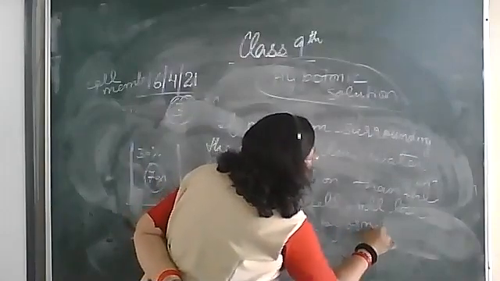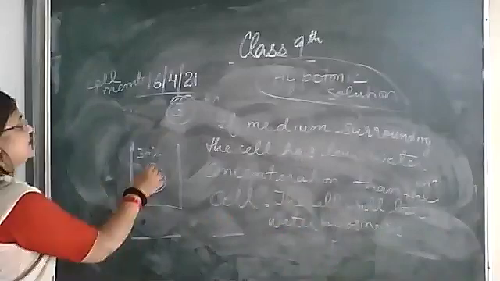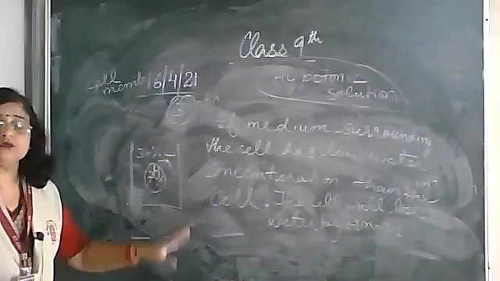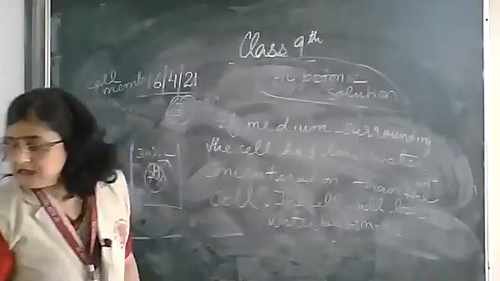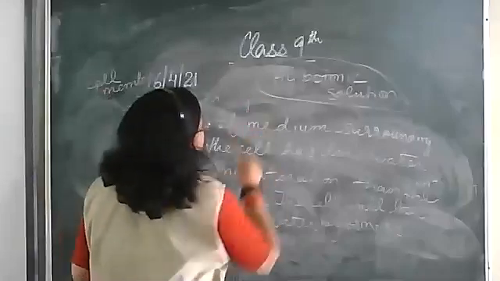Because in osmosis, what have we learned? That water molecules always travel from high concentration to low. So the cell will lose water by osmosis. Such a solution is called a hypertonic solution.